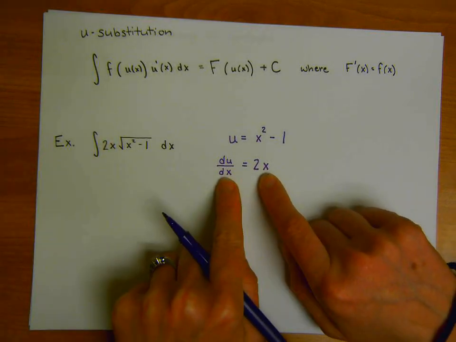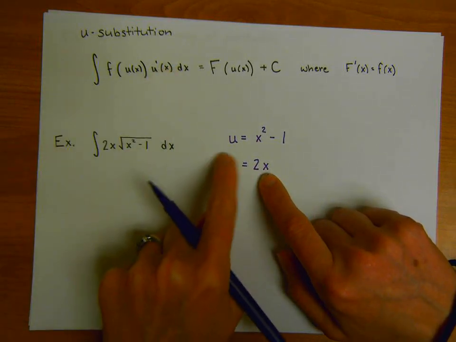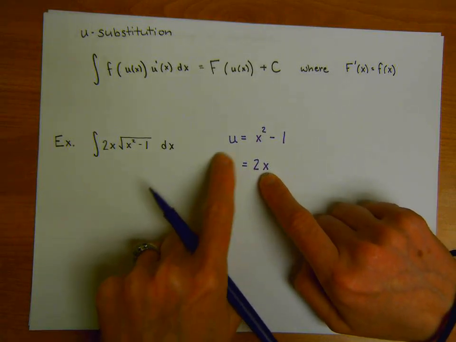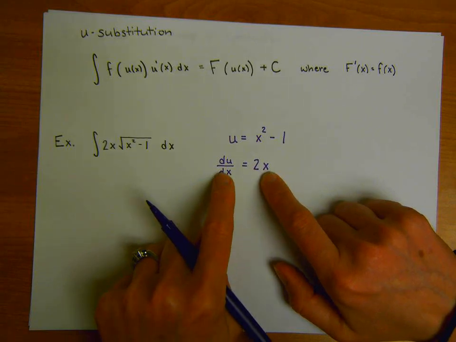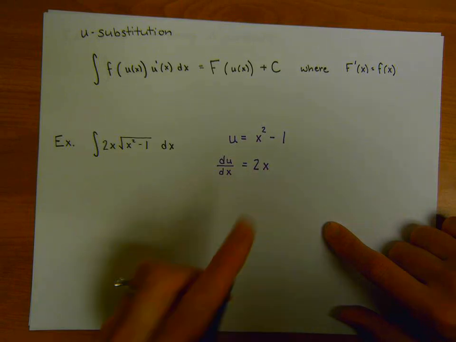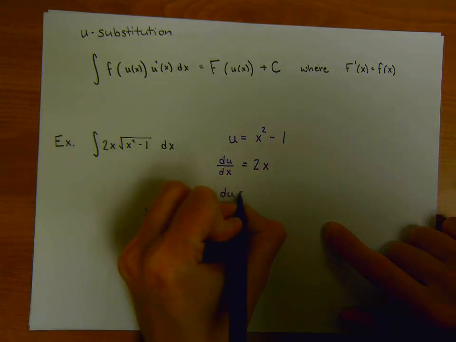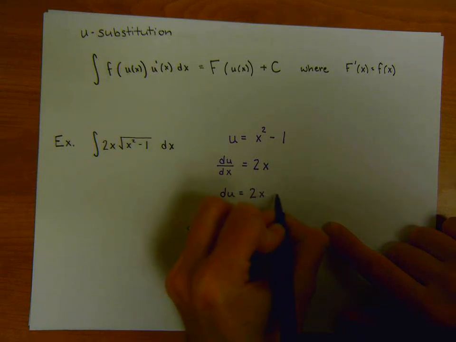For our notation, however, to do this u substitution, we're going to treat these du's and dx's as differentials rather than Leibniz notation. It's a slight abuse of notation, but it's a caution to rewrite this instead of du dx equals 2x. I'm going to rearrange these differentials to write it as du equals 2x dx.